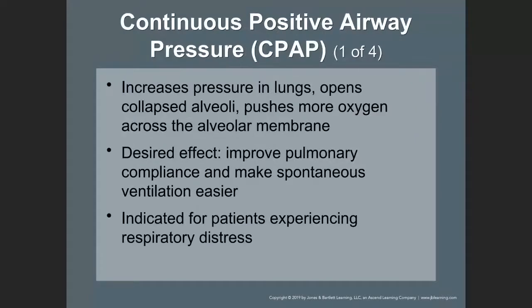All right, now continuous positive airway pressure. It increases pressure in the lungs, opens collapsed alveoli, and pushes more oxygen across the alveolar membrane. It's going to be used mostly for patients who are close to respiratory failure, who have fluid in their lungs, or who are at risk for interference with respiration or alveoli collapse.